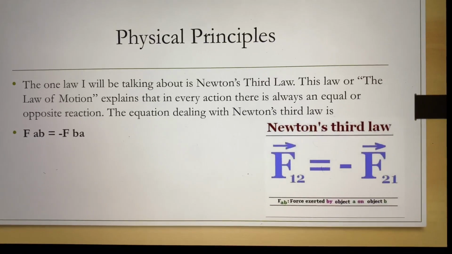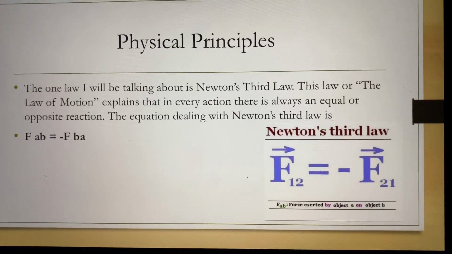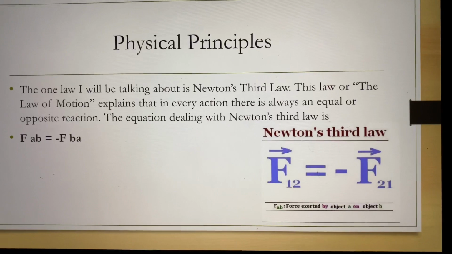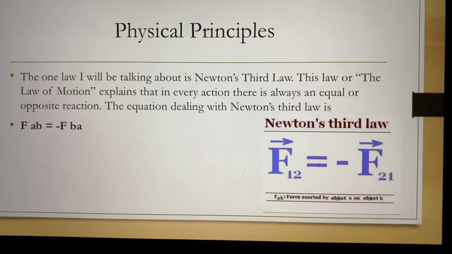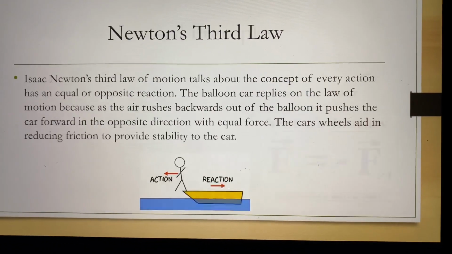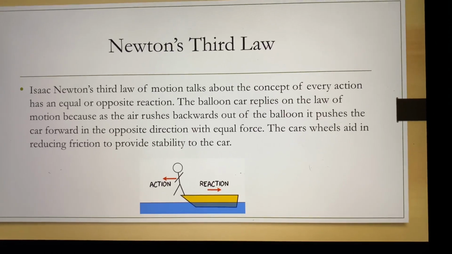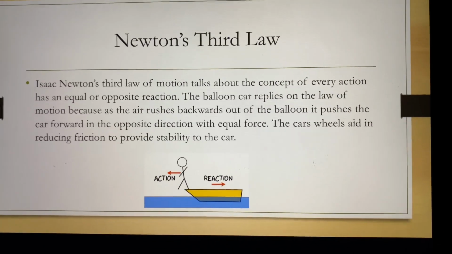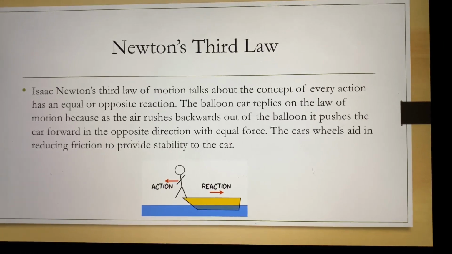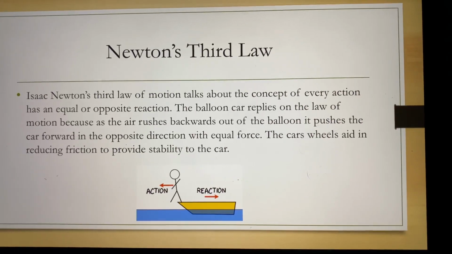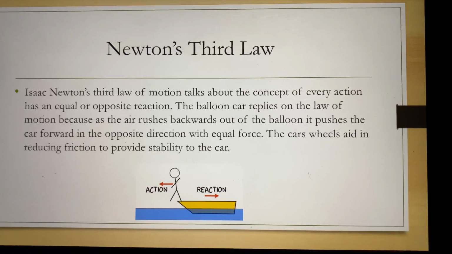And it just explains that in every action there is an equal and opposite reaction. Isaac Newton's third law of motion talks about the concept of every action has an equal and opposite reaction.